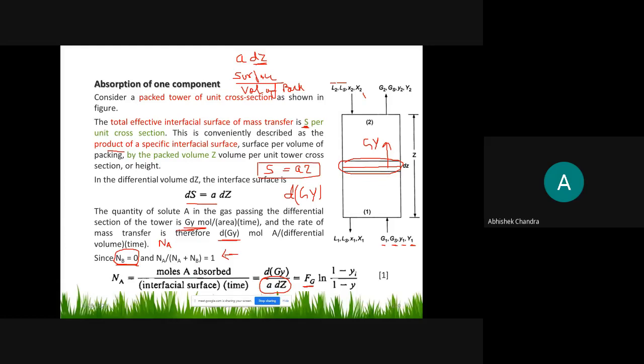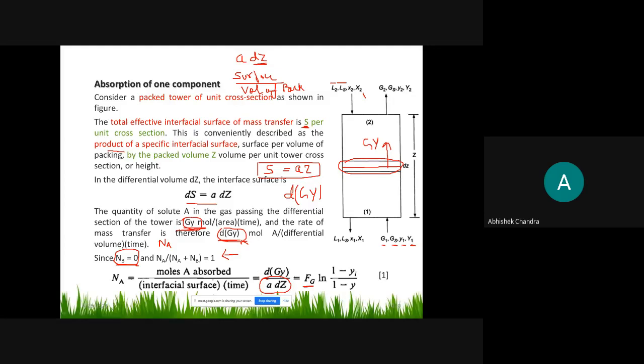Moles of A absorbed is the quantity of solute in the gas, and this amount is available for absorption.